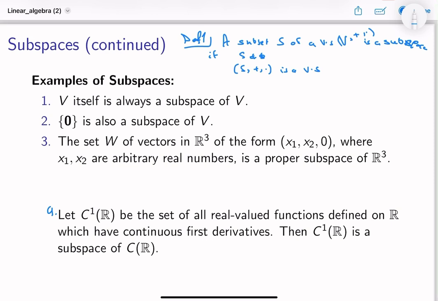So there is this other interesting definition which is equivalent to the above, which I advise you to use because it's shorter to remember and to check.